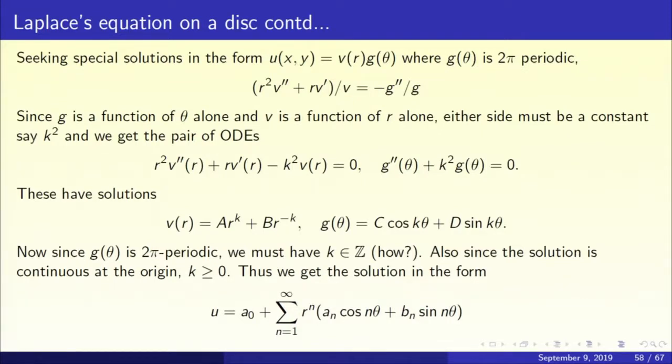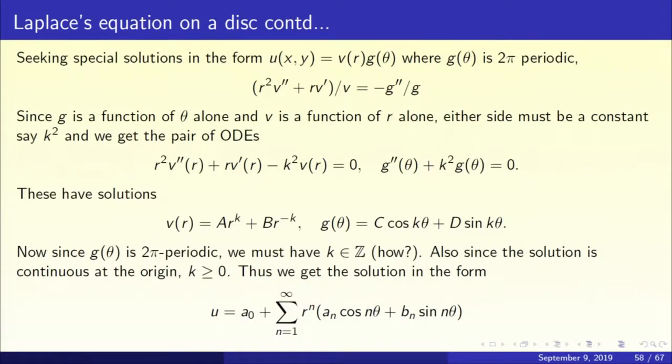Look at the v equation. v of r equal to a r to the power k plus b r to the power minus k. If k were to be 1, 2, 3, what happens? We must now look at the b r to the power minus k. When k is 1, 2, 3, etc., r to the power minus k becomes infinite when r is 0.